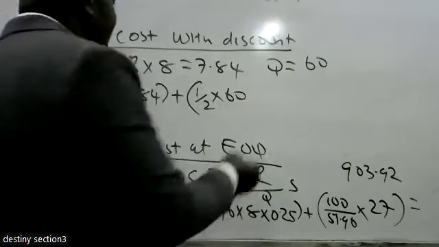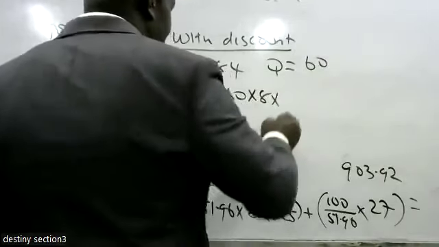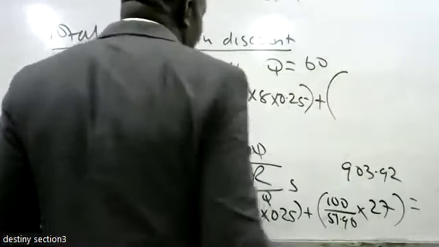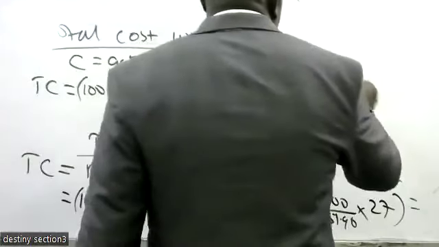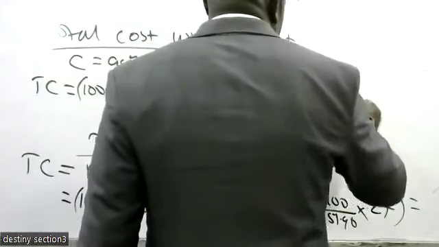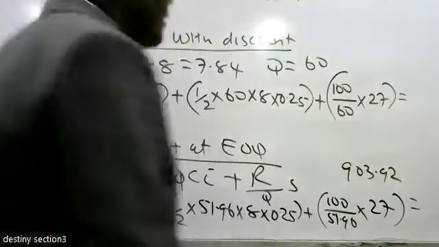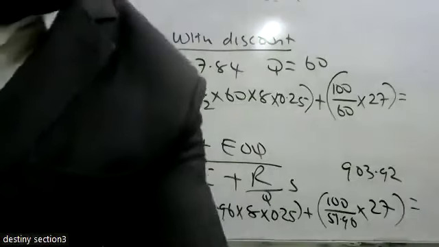So it is still 8, also multiplied by 0.25. Then we also add R over Q. So R is 100. Q is now 60. So 27 also has not been affected.